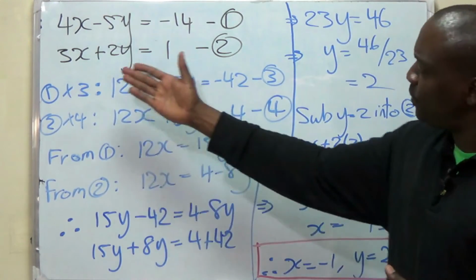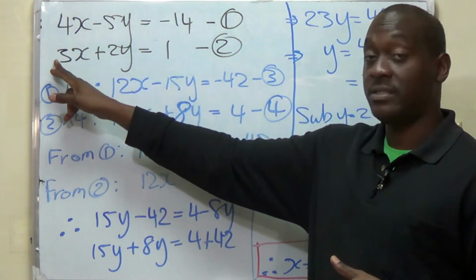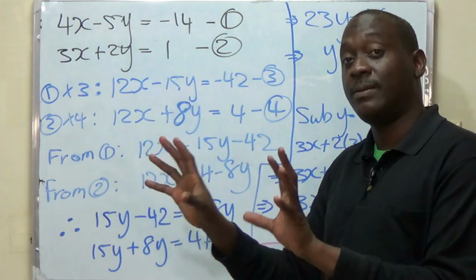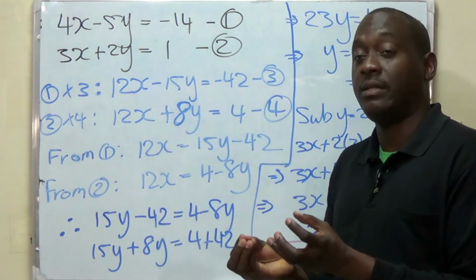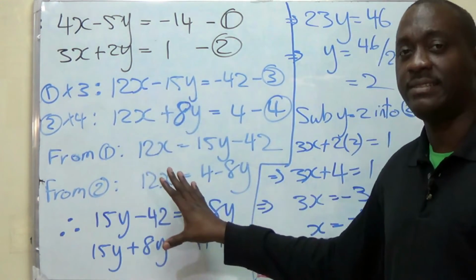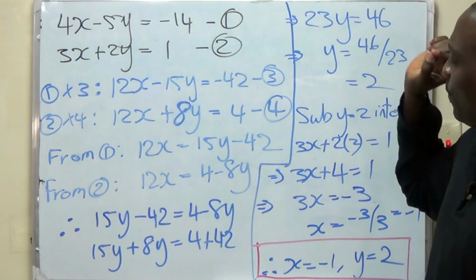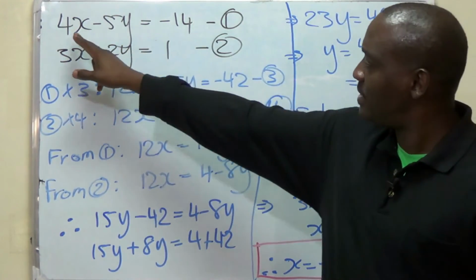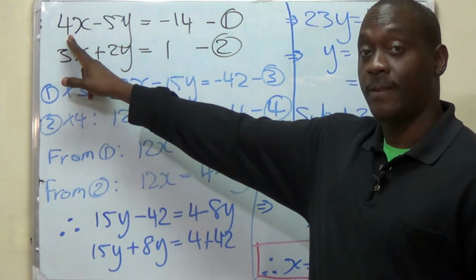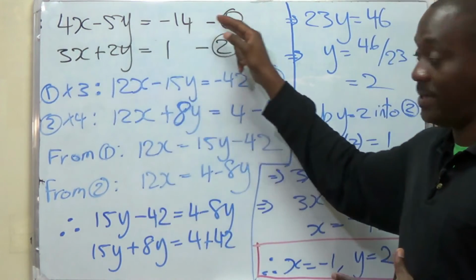So, we know that the LCM of 4 and 3 is 12. Now, all of this, most people tend to get. Here is where things get tricky. So, if we want to get 12x here, we multiply the whole equation by 3.